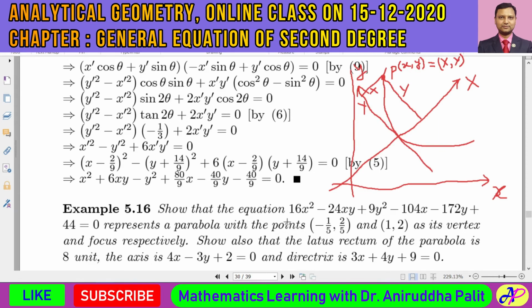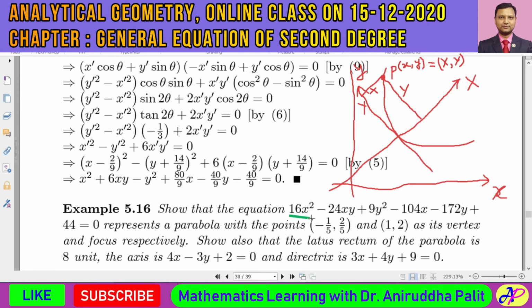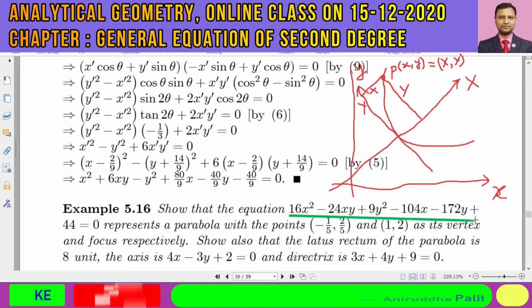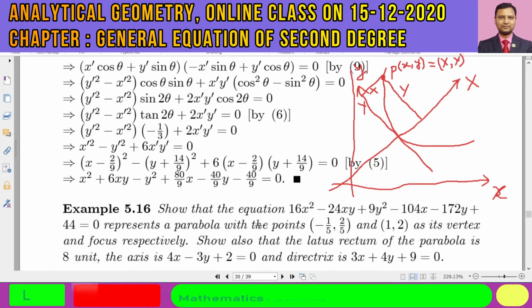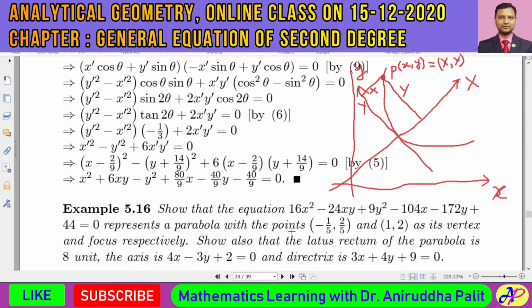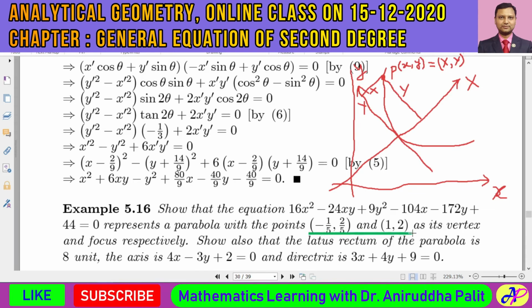Many results have been discussed here, and it is given to show that this equation, plus 44 equal to 0, represents a parabola. This is the first part. Then you need to find the parabola with these points as its vertex.